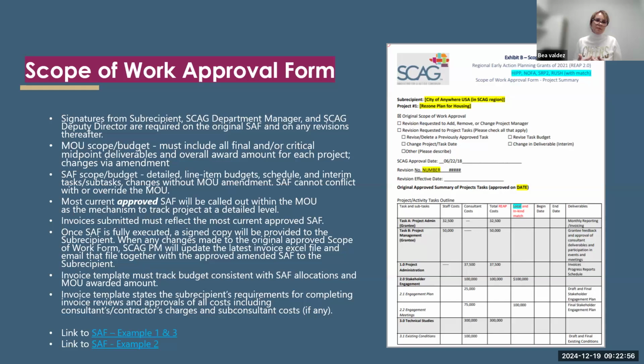We always need that monthly invoice to be received not only in PDF, but also in Excel, so that when it's time to make a change to your budget or the period of performance or anything else in the invoice template, those fields right now might be locked, and the PM will open your latest file with the latest information, update the rates appropriately, and then give you another file for you to fill out.